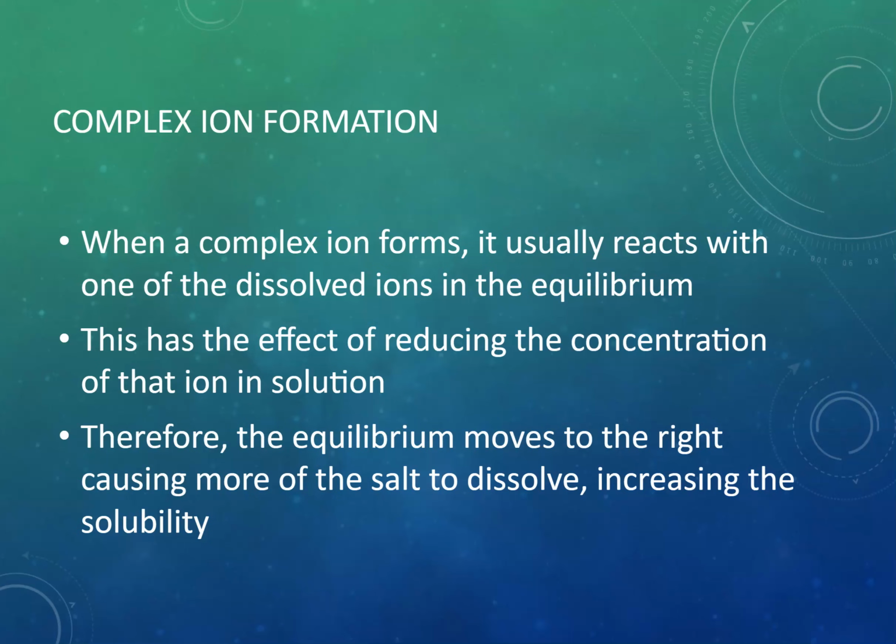So that's the general explanation for any question, right? The complex ion is going to remove that ion from the right hand side of the equilibrium, which is going to force more of the salt to dissolve to replace what's been taken away.